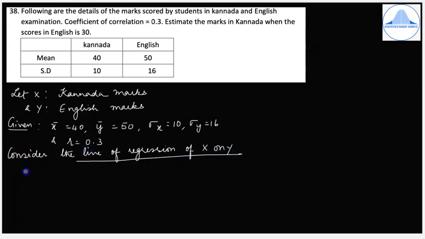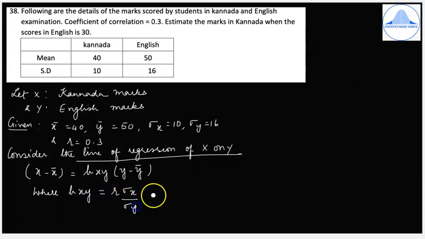It is given by X minus X bar is equal to bxy into Y minus Y bar. So bxy is called the regression coefficient of X on Y, and it has the formula r into sigma X divided by sigma Y. Substituting, it is 0.3 into 10 divided by 16, which gives us 0.1875.